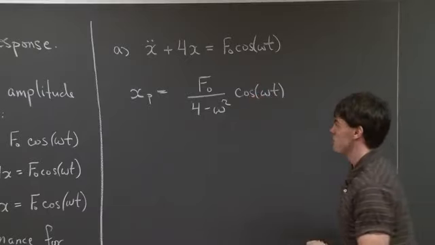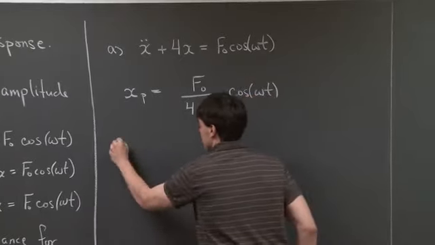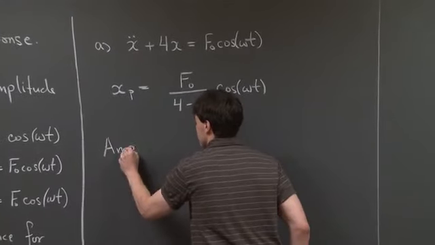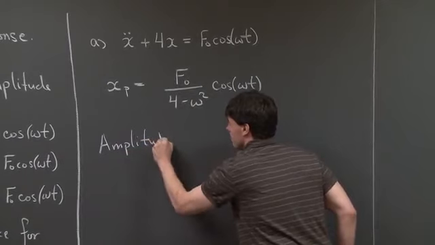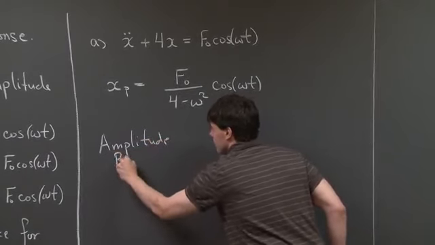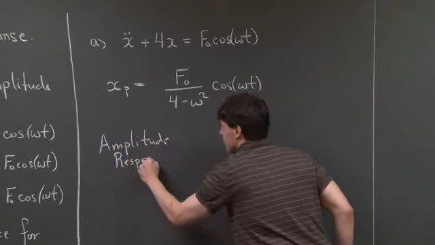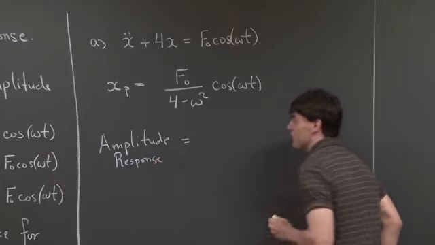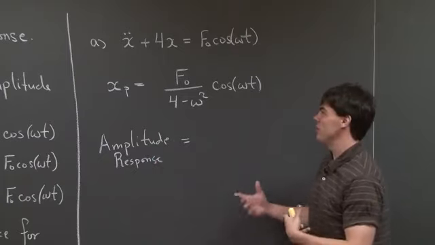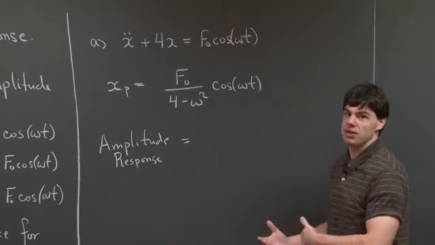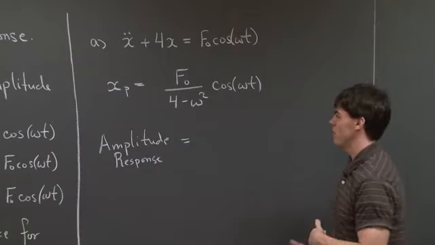Now, the amplitude response is defined as a ratio, and specifically it's the ratio of the output amplitude of a differential equation to the input amplitude of a differential equation.